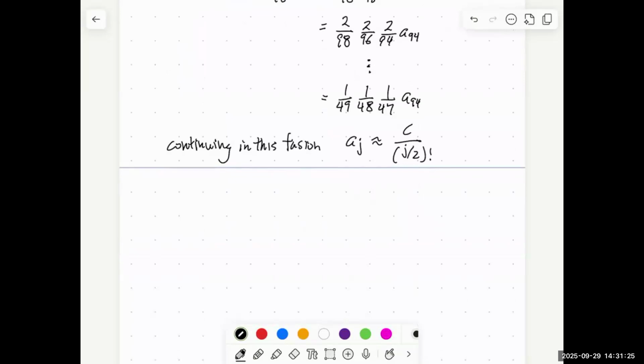So the even part of my power series, I could write as some constant, and I'm going to sum only over the even terms of J, 1 over (J over 2) factorial, z to the J.